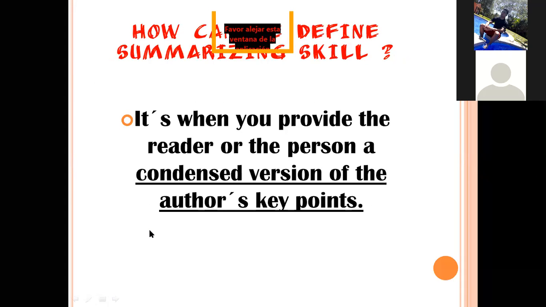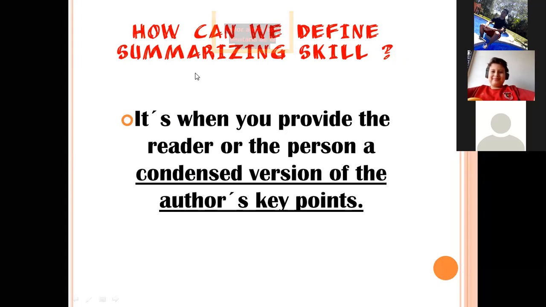How can I define a summary? It's when you provide, this is another definition, you can write it in your notebook. It's when you provide the reader or the person a condensed version of the author's key points. This is important because you have to be sure about what the summarizing skill is.